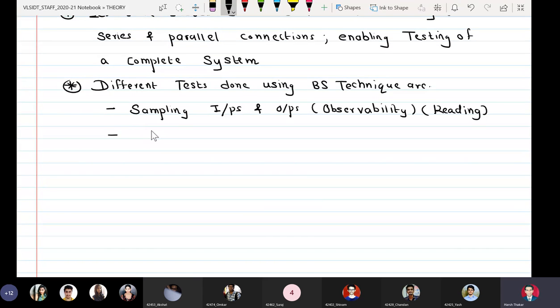And when we say setting the inputs and outputs, it is called controllability. It is called a writing operation.